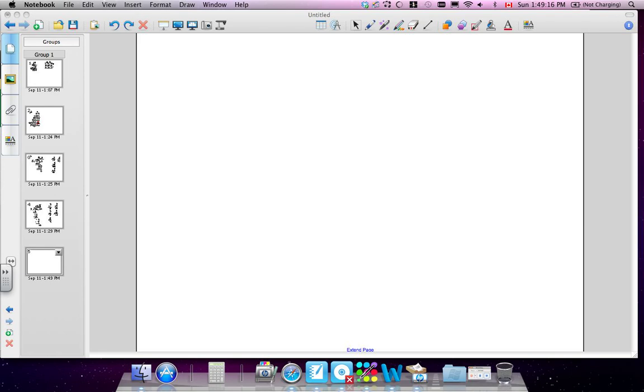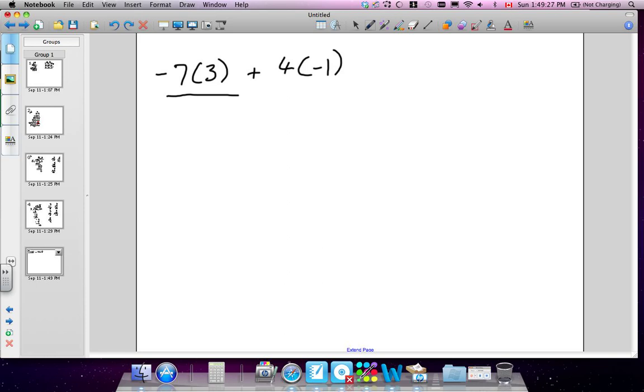Okay, so in this question they have -7 times 3 plus 4 times -1, divided by -5 times 5. So there's our equal sign. First we deal with -7 times 3. We don't add first because in BEDMAS we do multiplication first.